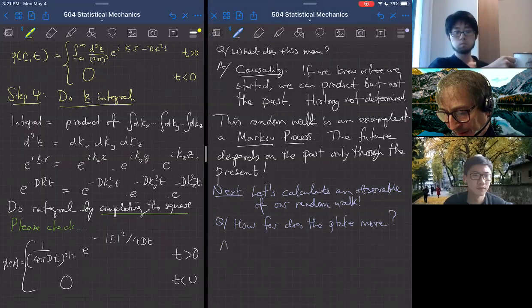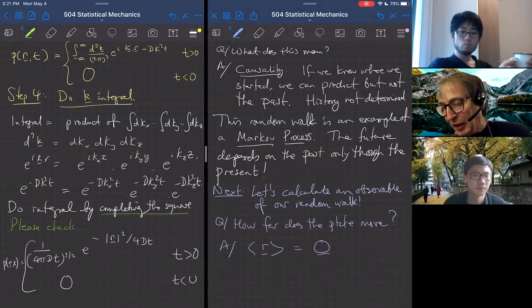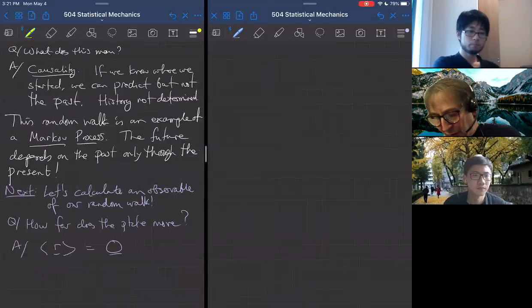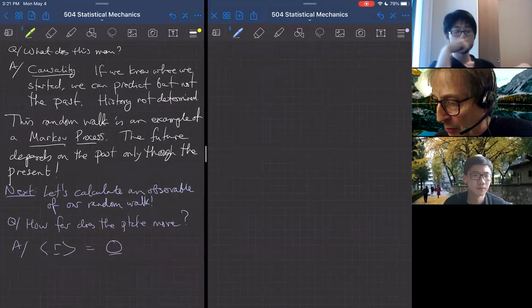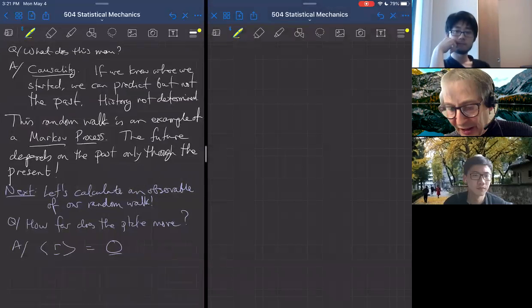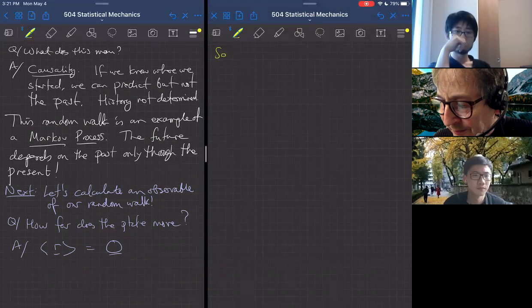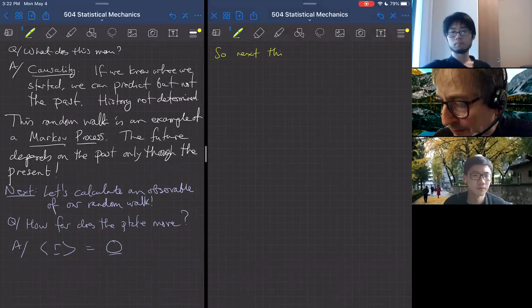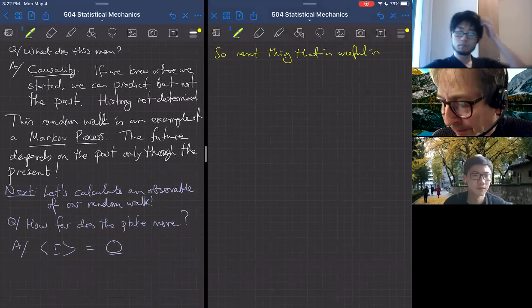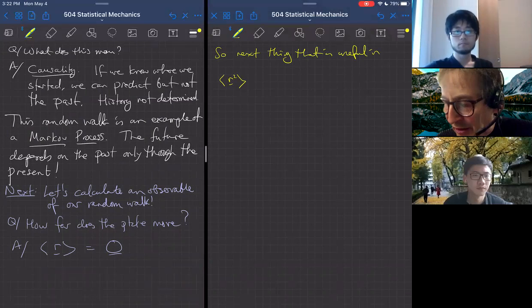Well, the answer is that we know that if I compute the expected value of r, then that's going to be 0, because it can equally well go in any direction, and so on average it will cancel out. So the next thing that we should then calculate is the expectation value of r squared. So let's instead calculate the expectation value of r squared. In other words, what is the mean end-to-end distance?